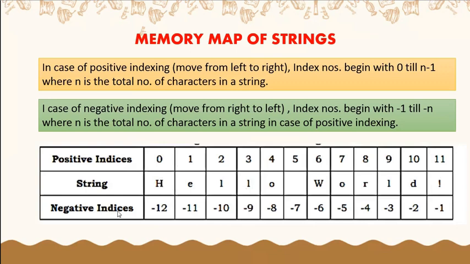Negative indexing begins from right to left, and the rightmost character has the index number -1, and it goes till -n. As in this hello world string there are a total of 12 characters, in negative indexing the index number begins from -1 till -12, and in positive indices it begins from 0 till n minus 1, that is 11. So you can see the memory map here.